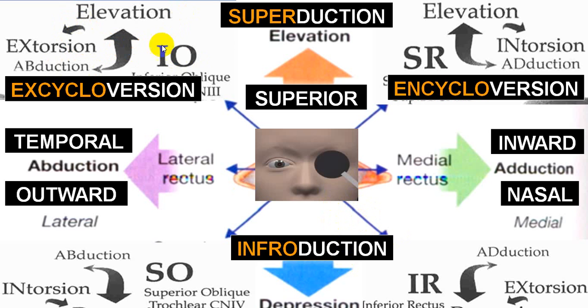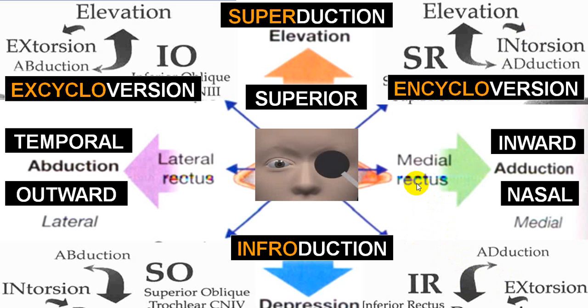So these three movements will be there by inferior oblique. While superior oblique will have downward movement, intorsion and abduction. So there will be three movements of superior oblique, as well as superior rectus will also take part in intorsion and inferior rectus will take part in extorsion.